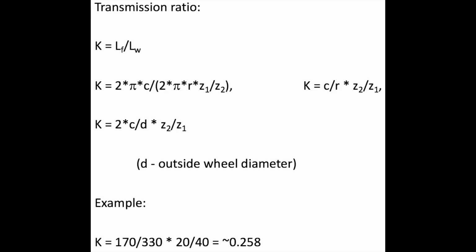With the numbers above, K equals 170 divided by 330 times 20 divided by 40 equals 0.258.